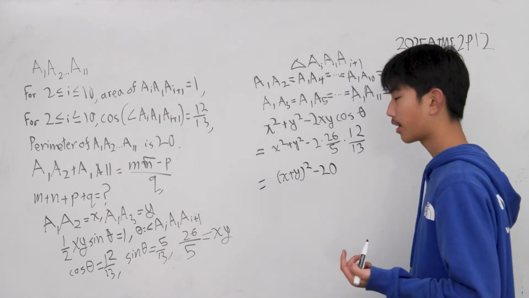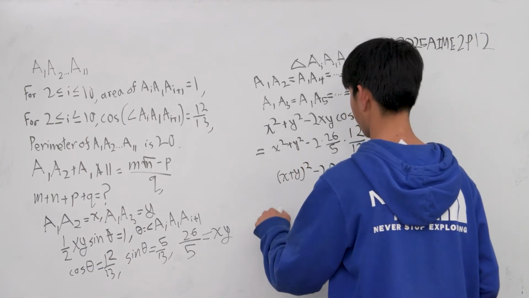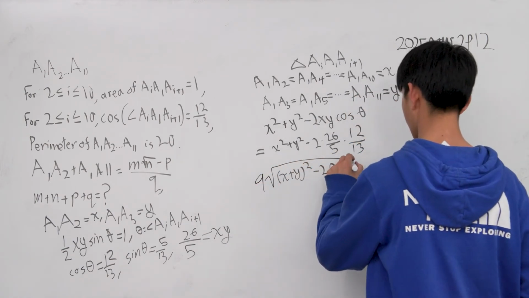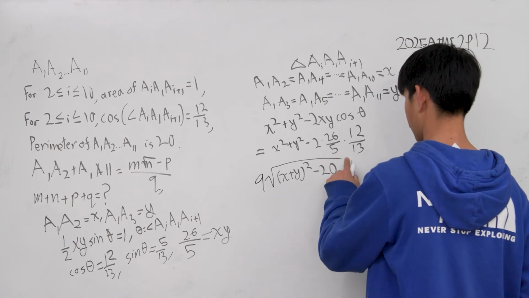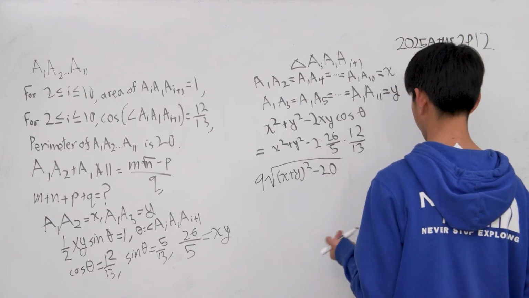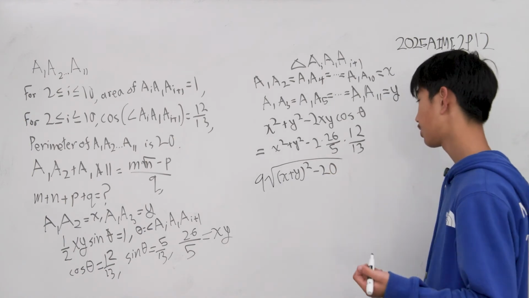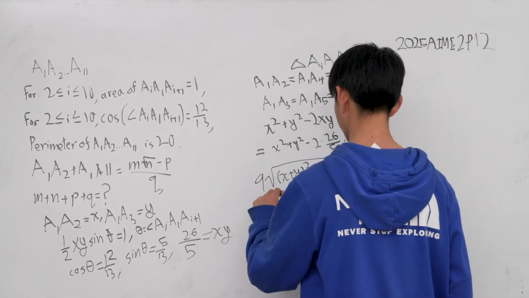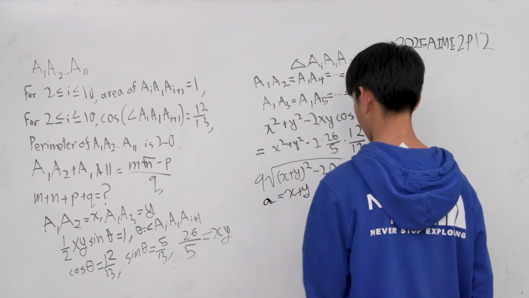Since we have 9 of these sides and the perimeter is 20, we take the square root and multiply by 9. For simplicity's sake, let's set a equal to x plus y.